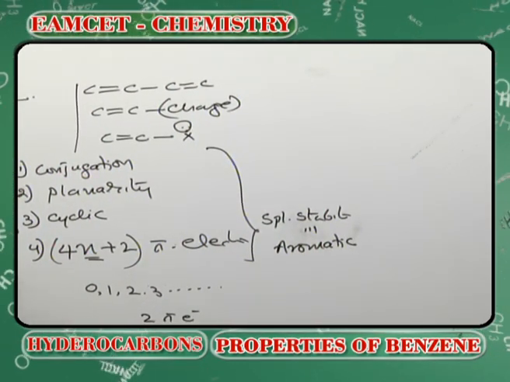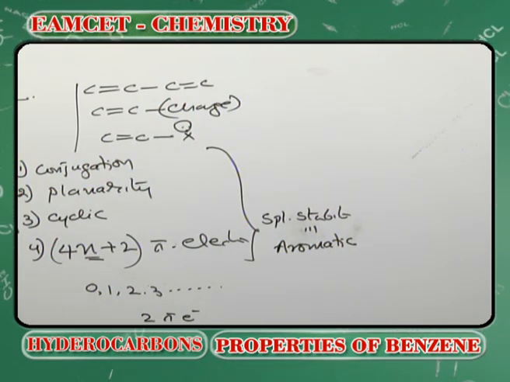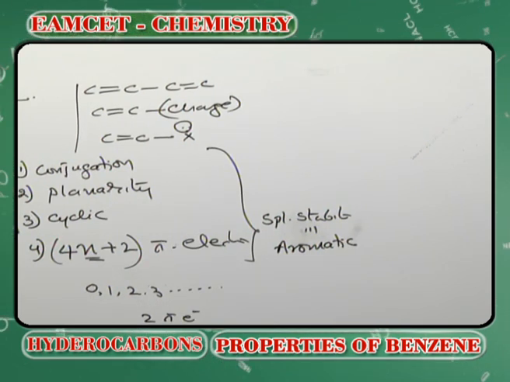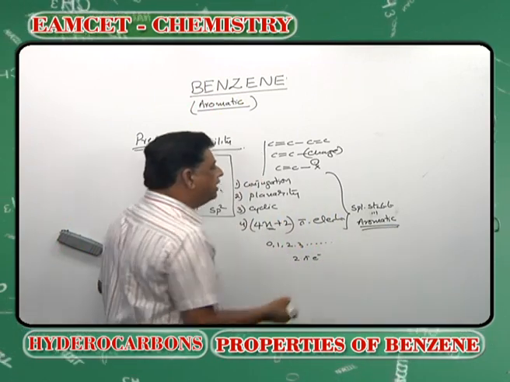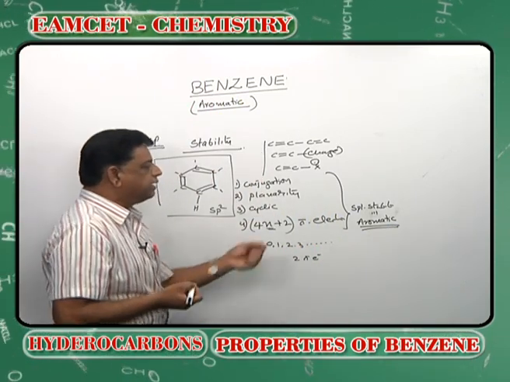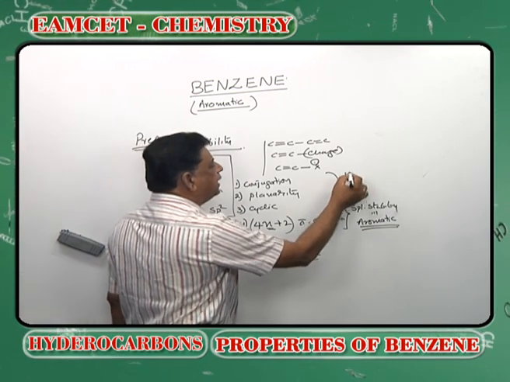Due to this stability, the double bond, which has to undergo what type of reaction? Addition reaction. That addition we are not finding at all. Okay. So aromatic character we are going to define, but whenever this extraordinary stability is coming, this aromatic nature is coming.